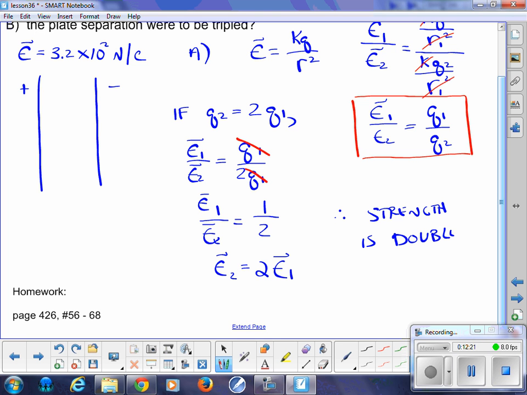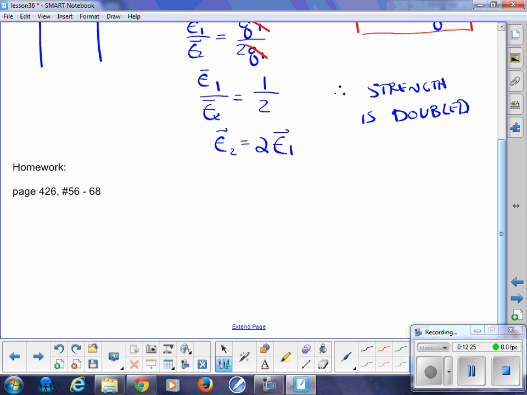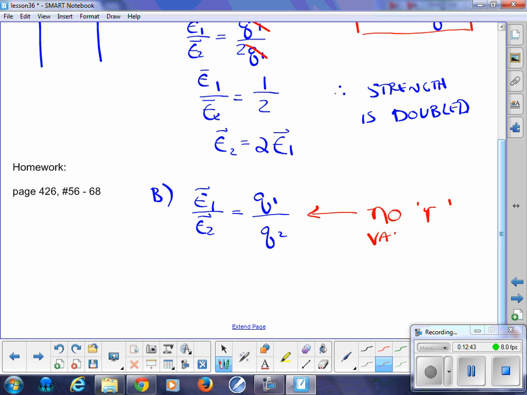Now, the second one: what happens if we change the distance between the plates? Well, we notice that there is no R in our relationship. So for part B, E1 over E2 equals Q1 over Q2, and there's no R value or distance.